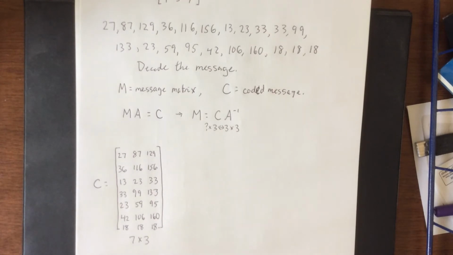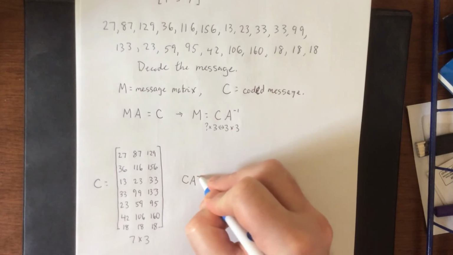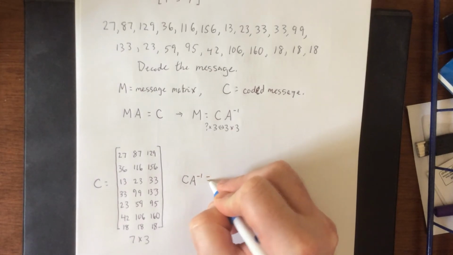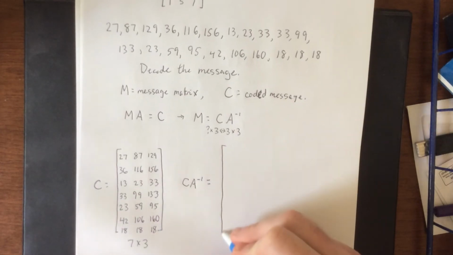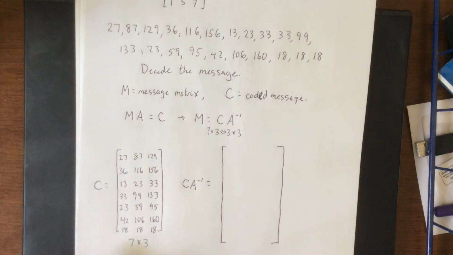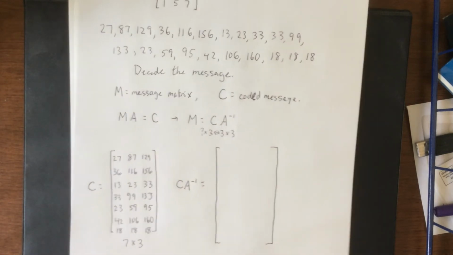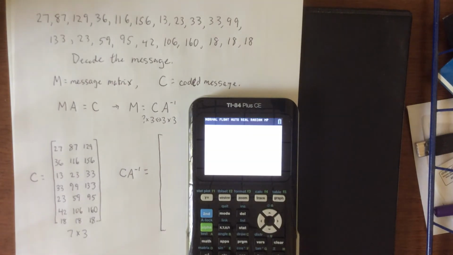Rather than actually doing this by hand, I'm going to grab the calculator to help me out a little bit here. What we wind up with will be our message matrix. The calculator is going to come in handy, because we don't have to calculate the inverse matrix or perform the matrix multiplication ourselves.